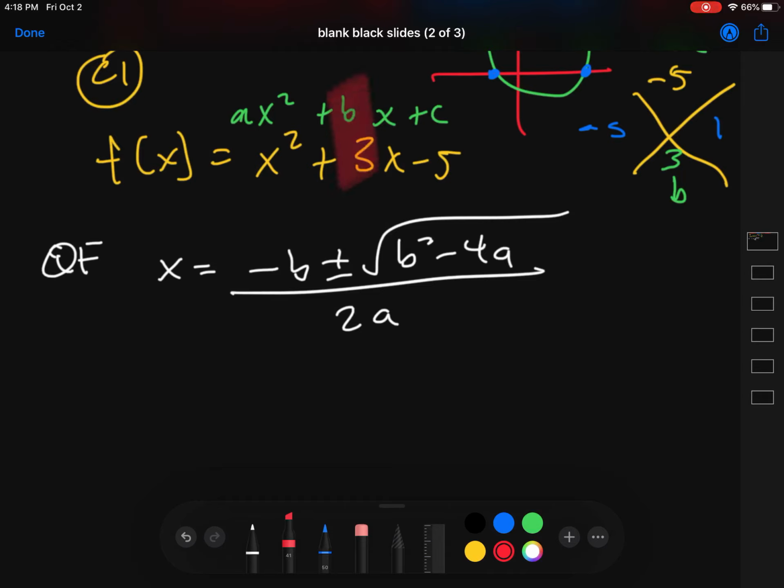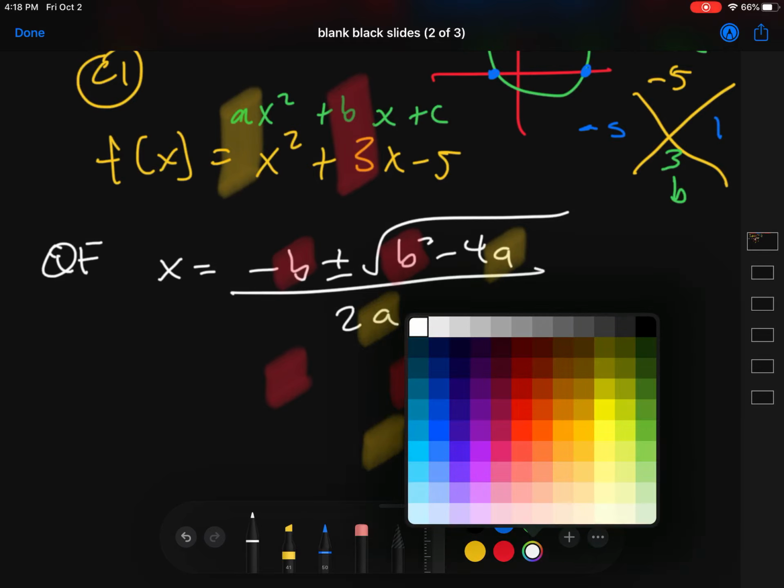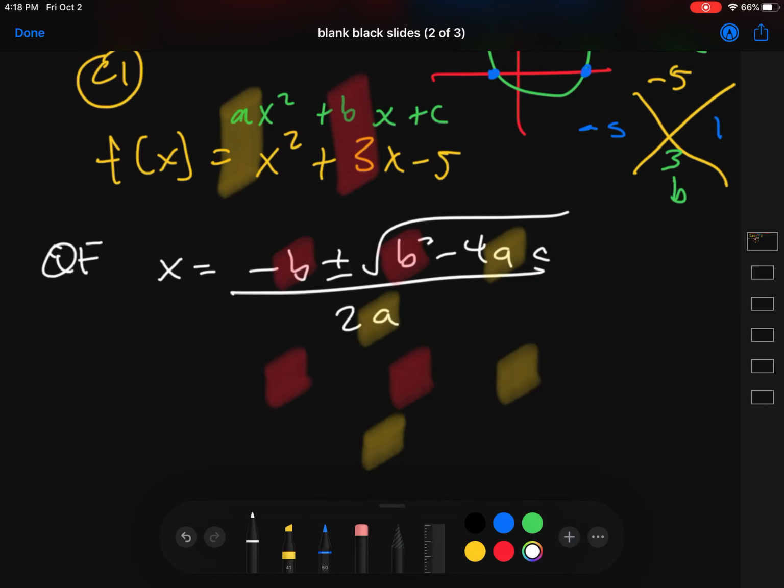The b value is positive 3, so we're going to put that here and here. The a value, there is none right there, so that is a 1, so I'm going to put it here and here. And I forgot my c value here, and that one is negative 5.